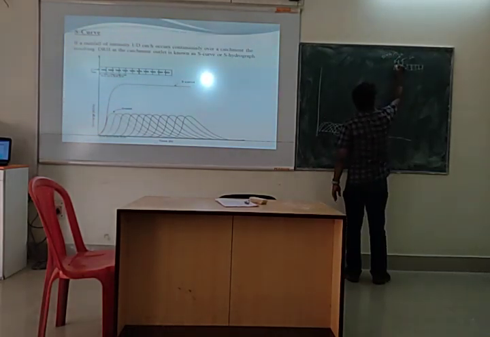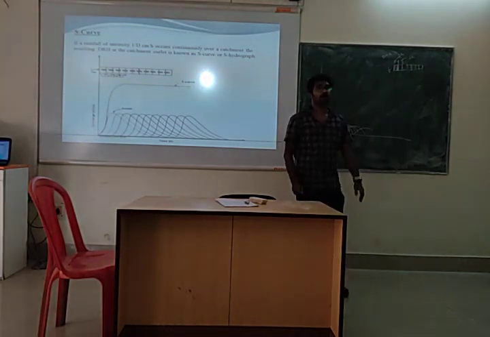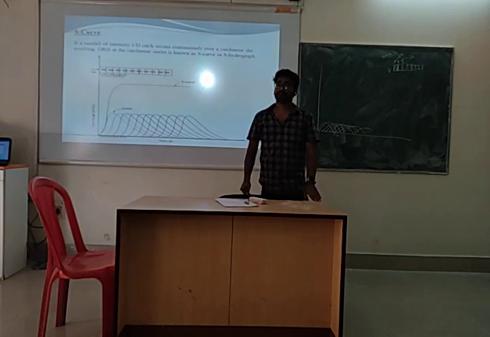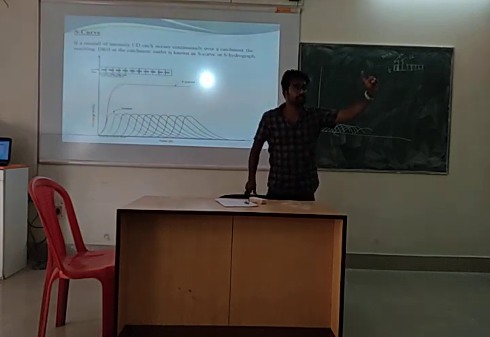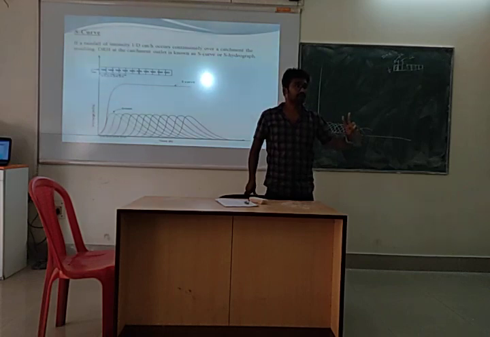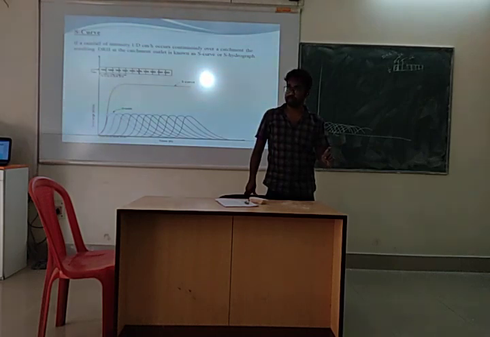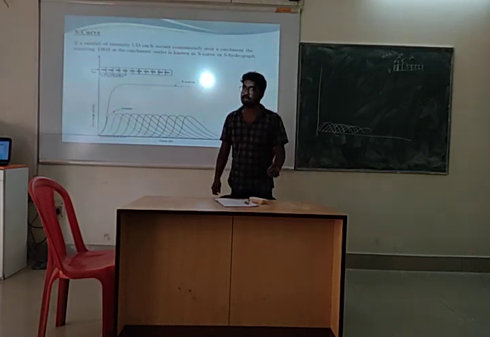It is because 1 centimeter of precipitation is happening in 2 hours, so per hour 1 by d precipitation is occurring. So the intensity is 1 by d.